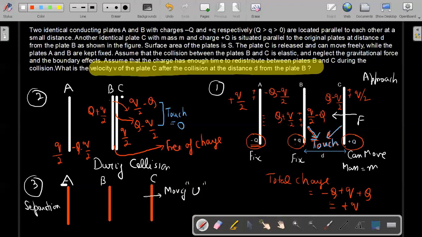Now plate C has a velocity v and it has a mass of m. Remember, there is no charge here. This space is free of charge.